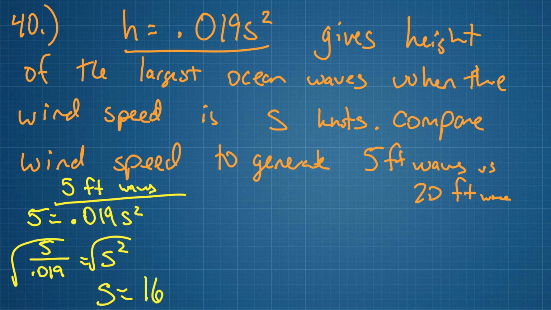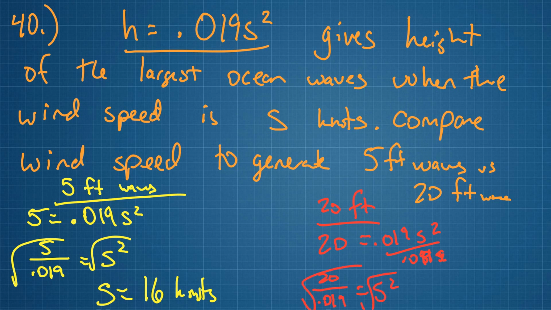It's about 16 knots. Now I do the same thing, but this time h is equal to 20. So now this is a 20-foot wave. So I get 20 equals 0.019 s squared. I divide both sides by 0.019. I get 20 over 0.019 equals s squared.